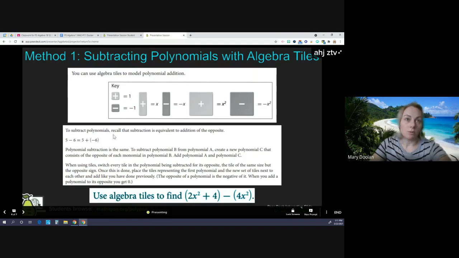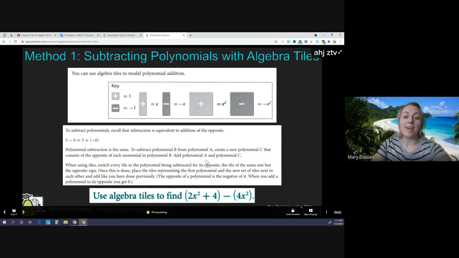To subtract polynomials, you need to remember that subtraction is equivalent to the addition of the opposite, such as 5 minus 6 can be rewritten as 5 plus negative 6. Polynomial subtraction is the same idea. To subtract polynomial b from polynomial a, we create a new polynomial, c, that consists of the opposite of each monomial in polynomial b.